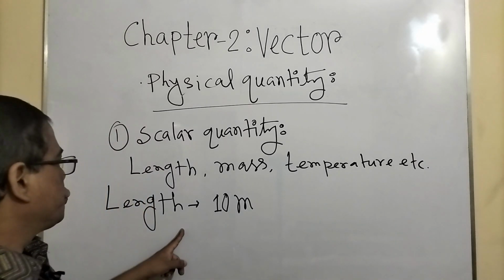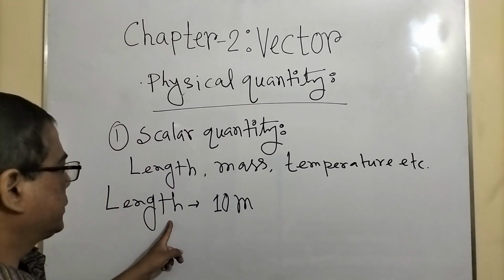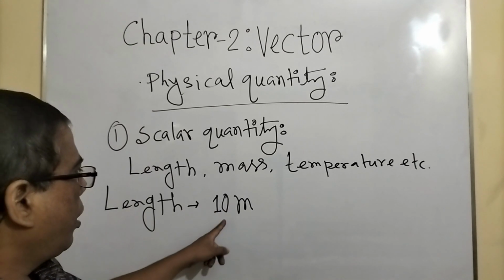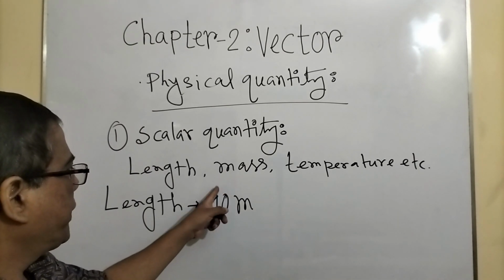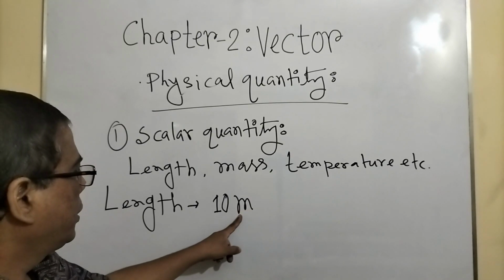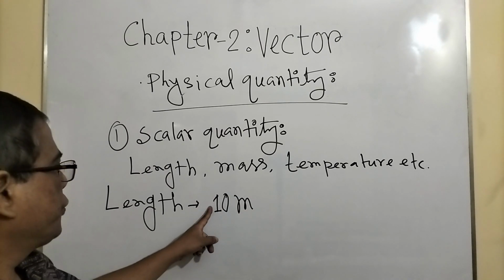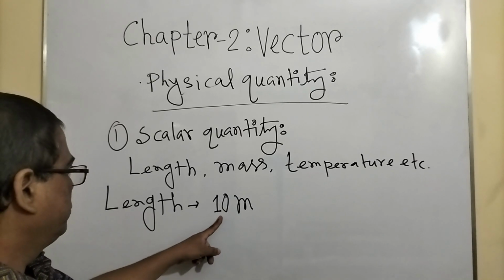Here, to represent length, it requires one number 10, one unit meter, and a mathematical sign plus, which is in the left of the number 10.